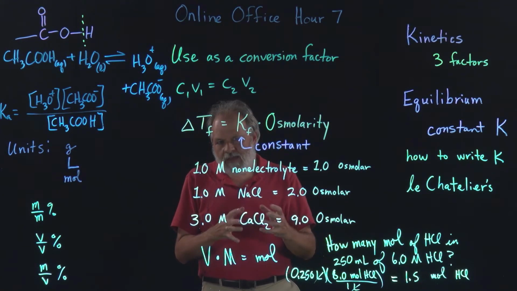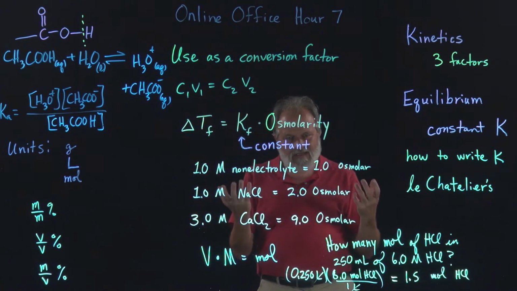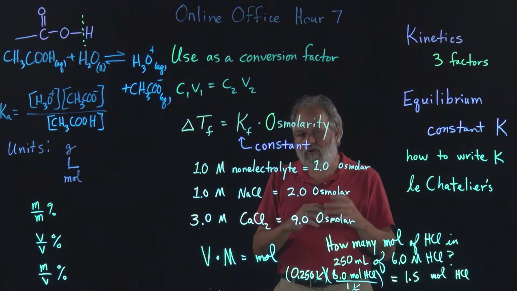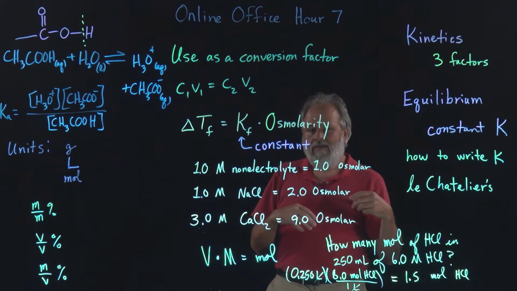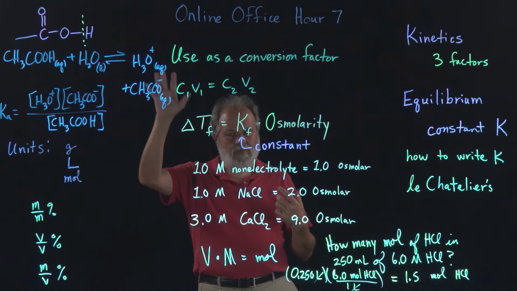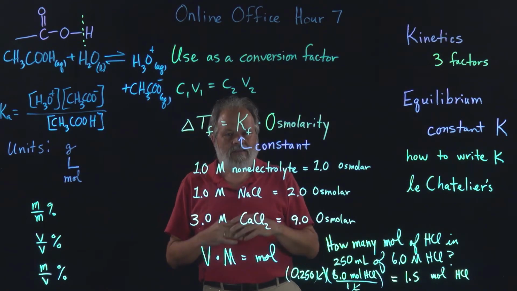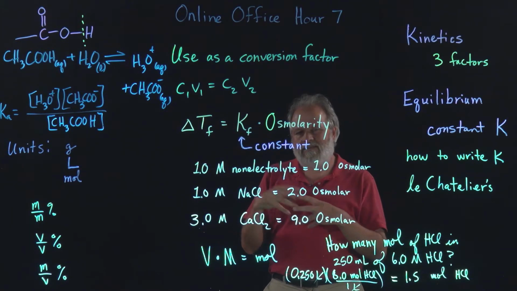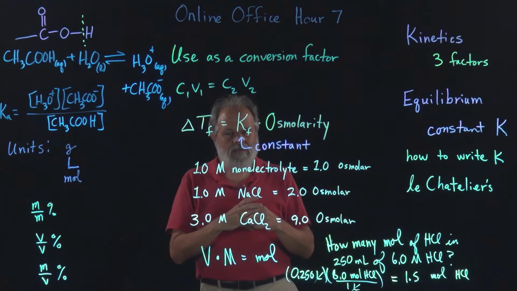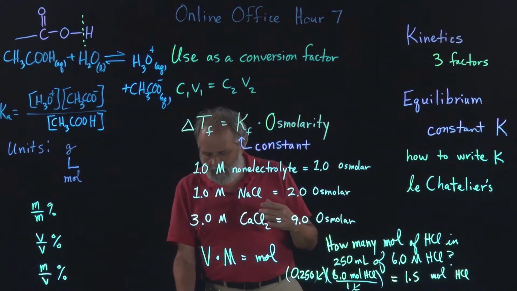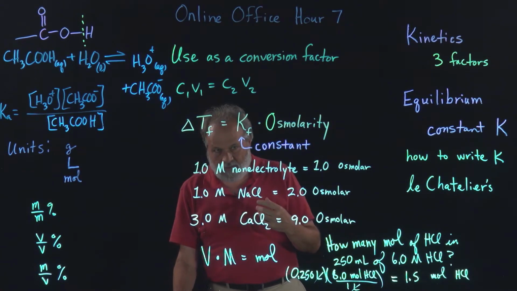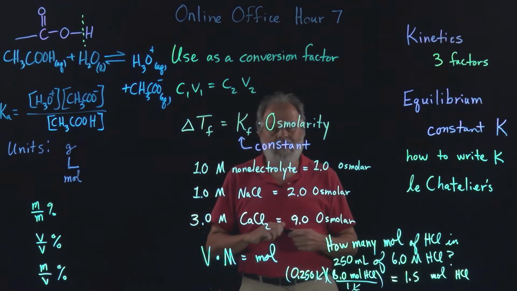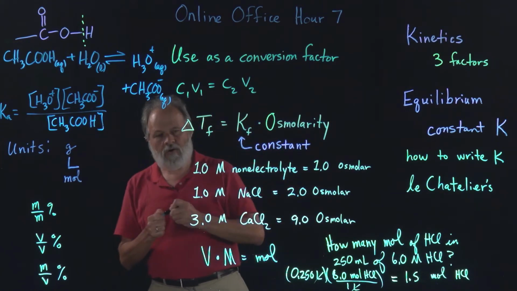There's a class of compounds called acids and another class called bases that when they dissolve in water create ions. The acids create H3O plus or protonated waters. The bases produce hydroxide, OH minus, and that's how they're defined as acids and bases. So you do have to eventually, by the time you get to chapter 11, recognize what makes something a base or an acid.